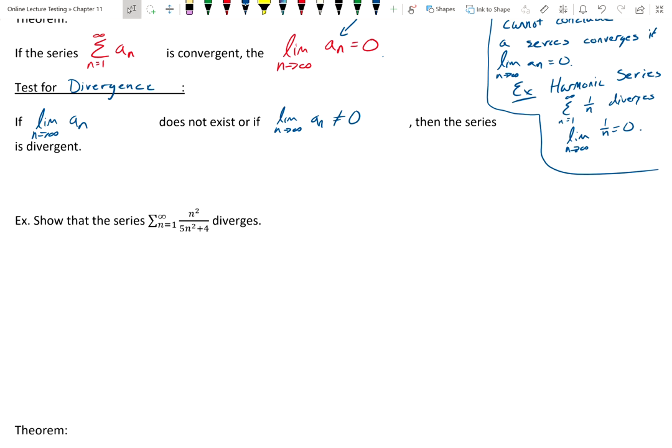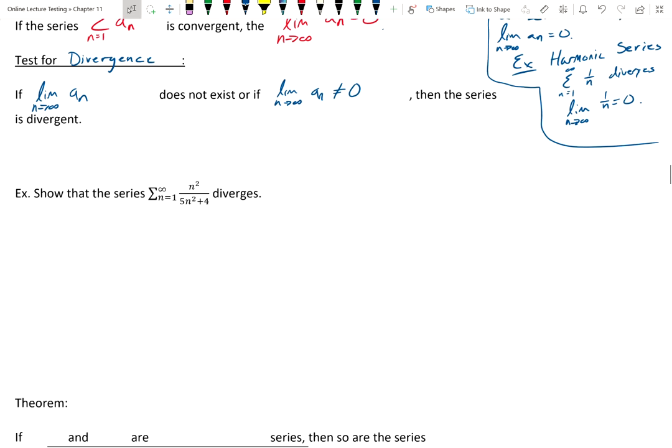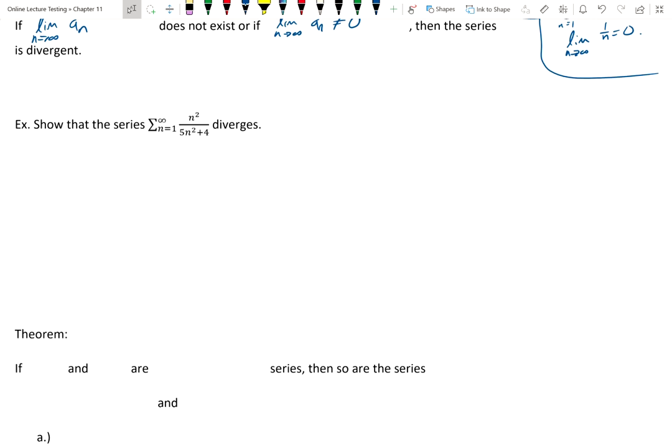Okay, so looking back at this one, we're going to show that the series as n goes from 1 to infinity of n squared over 5n squared plus 4 diverges. All we have to do is look at the limit as n approaches infinity of a sub n, so this is n squared over 5n squared plus 4.